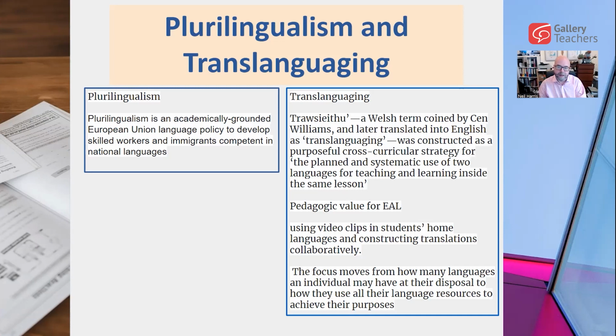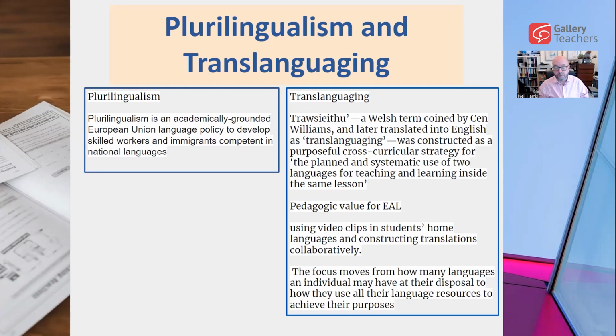And this has become a pedagogic reality for teachers of English as an additional language. One way in which it's operationalized, it's implemented, is that the students watch video clips in their home language, their L1, and working together, they construct collaboratively a translation of that video. So the focus moves away from how many languages a learner may have.